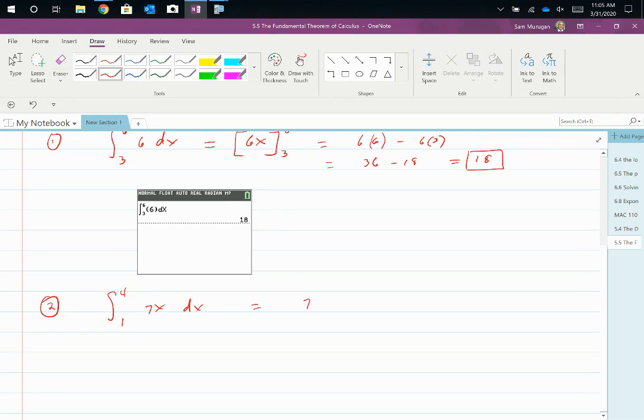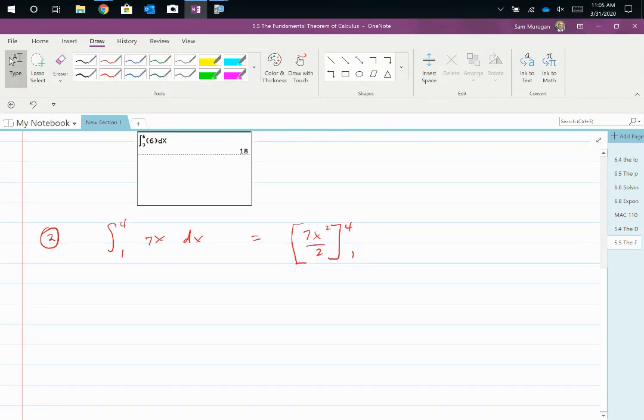So add 1 to the power, divide by 2, between 4 and 1. So it's making substitutions now. This is 7 times 4 squared over 2 minus 7 times 1 squared over 2.